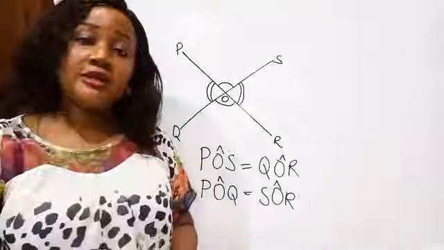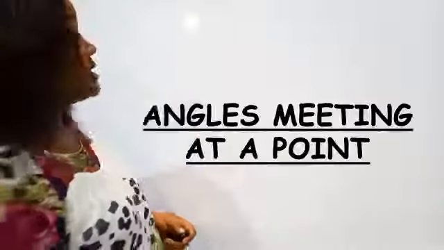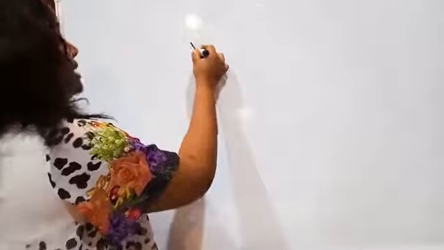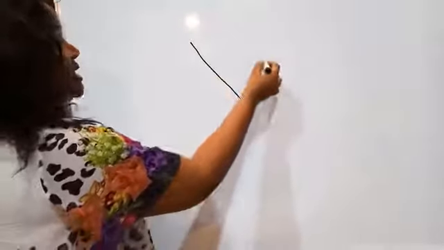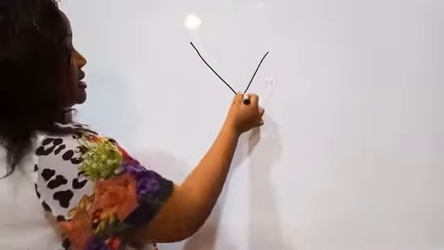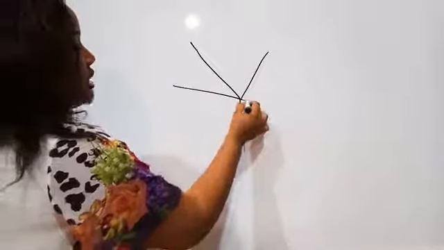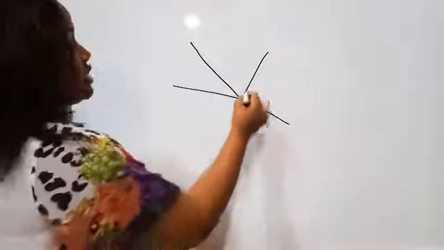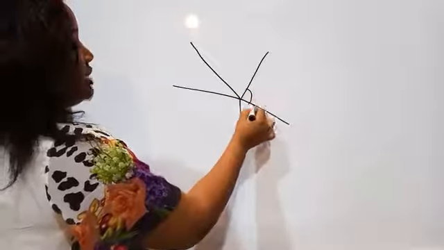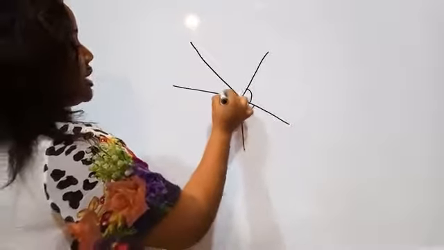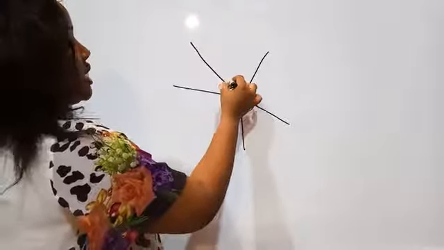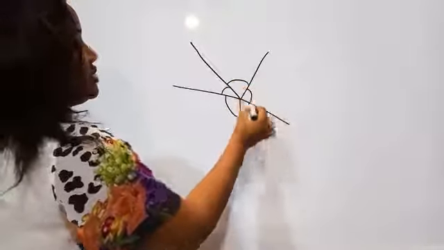They are all said to be vertically opposite. The angles meeting at a point. When some lines intersect at a point, the sum total of all the angles is 360 degrees.